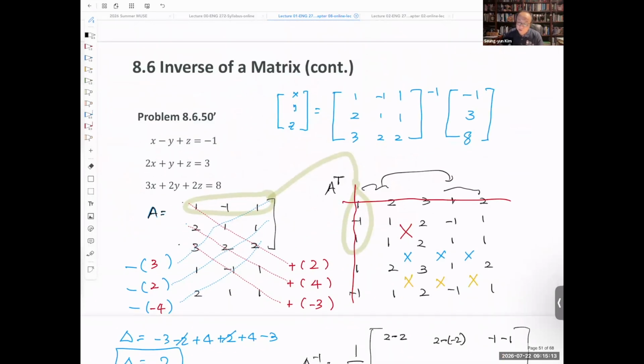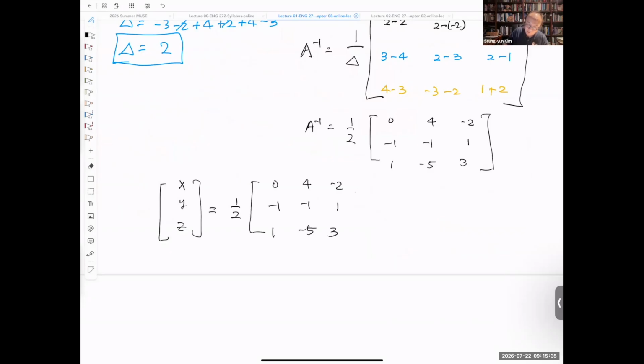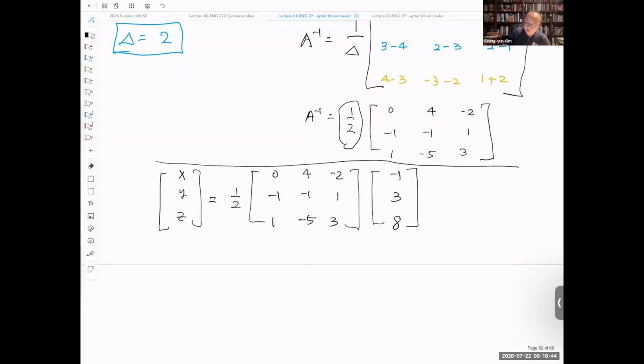And then we need to multiply that by negative 1, 3, and 8. I'm going to write x, y, and z equals A inverse: 1 over 2 times 0, 4, negative 2, negative 1, negative 1, 1, 1, negative 5, 3, times negative 1, 3, 8. If you distribute this 1 over 2 inside of this inverse, you have to deal with all these fractions.